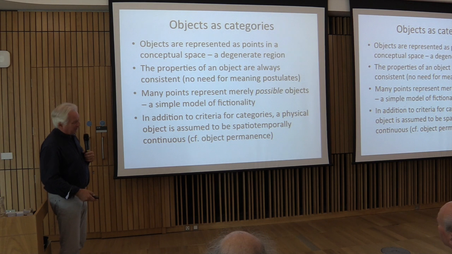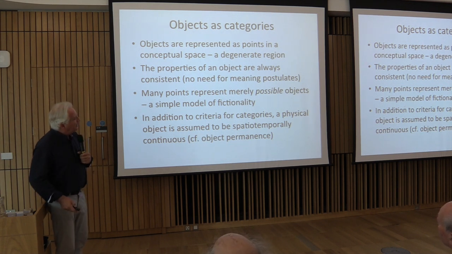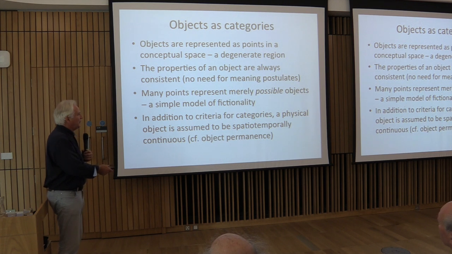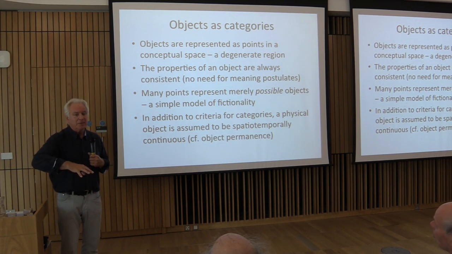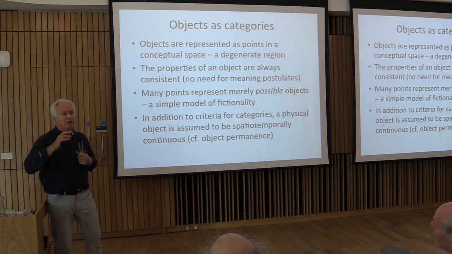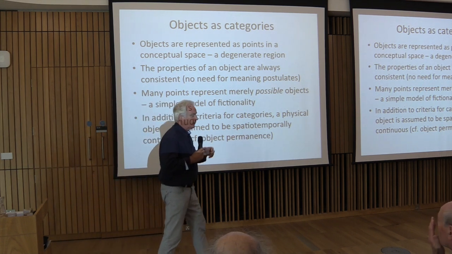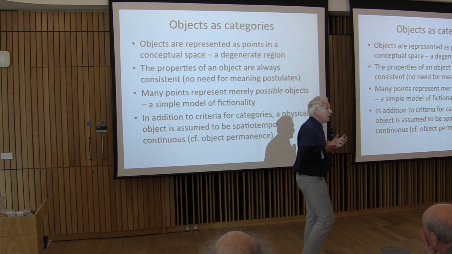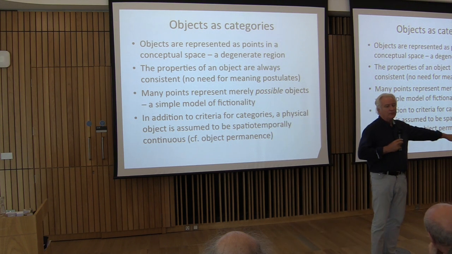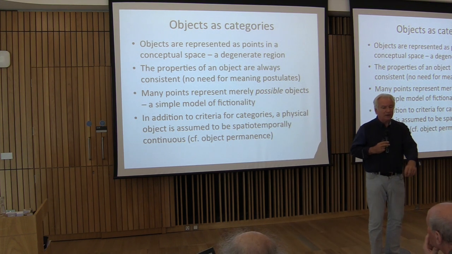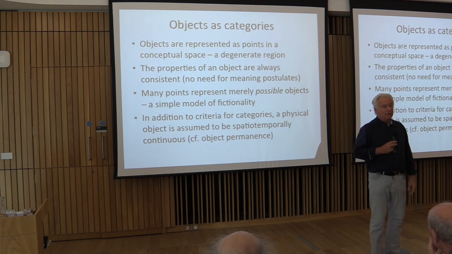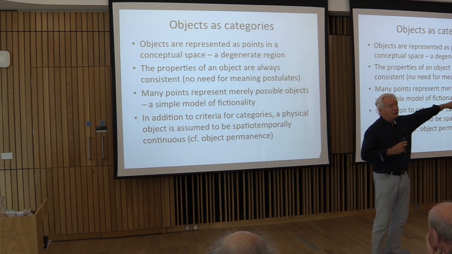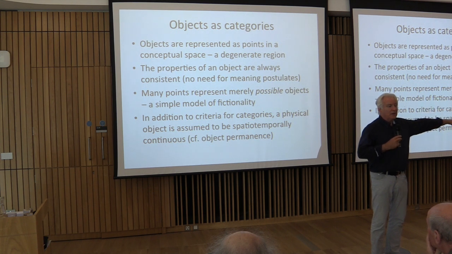Okay. Sometimes we make a distinction between physical objects and abstract objects. And the distinction I make here is simply that physical objects, first of all, have a location in space and time. But an ordinary assumption we make, an assumption from our cognitive system, is that an object is spatio-temporally continuous. If one object is here, and then a tenth of a second later it's over there, it's not the same object, unless you see the trajectory of the object moving from one place to another.